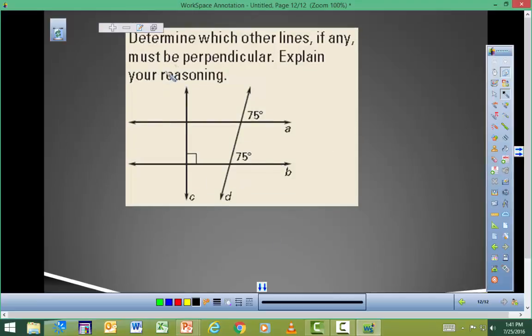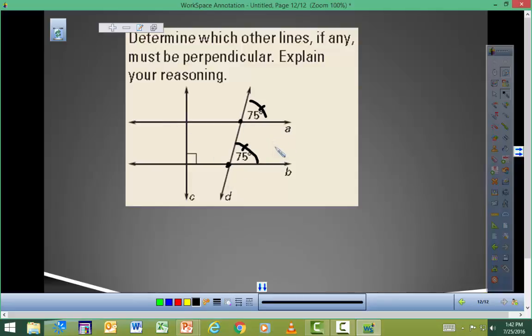Okay, so determine which of the lines, if any, must be perpendicular. Here's the corresponding angle idea. This angle here is congruent to this angle over here, and we have a transversal. This line D is a transversal because it intersects two other lines at two different points.